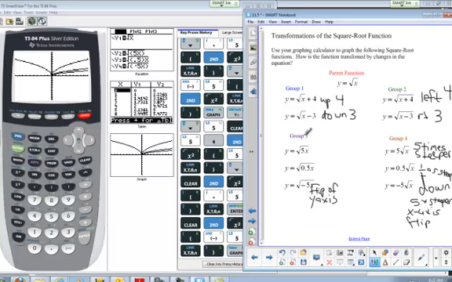And then how can we explain what those two do? So this is just a slight increase. And this is a little less steep.